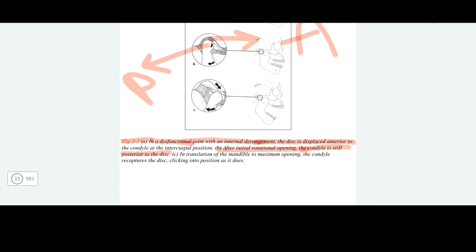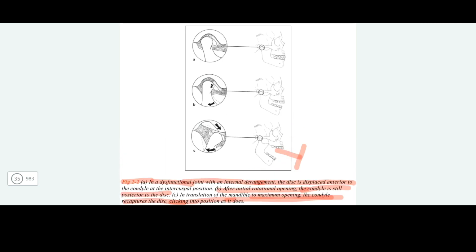Okay, and after that, in the maximal opening, the condyle recaptures the disc, clicking into position as it does. So at the maximum opening, the condyle is then interposed with the disc.